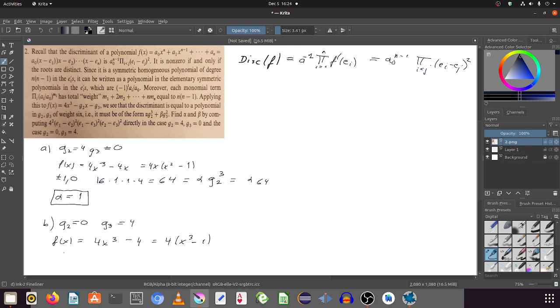So here we have the roots 1, omega, omega squared. This is actually slightly more involved.